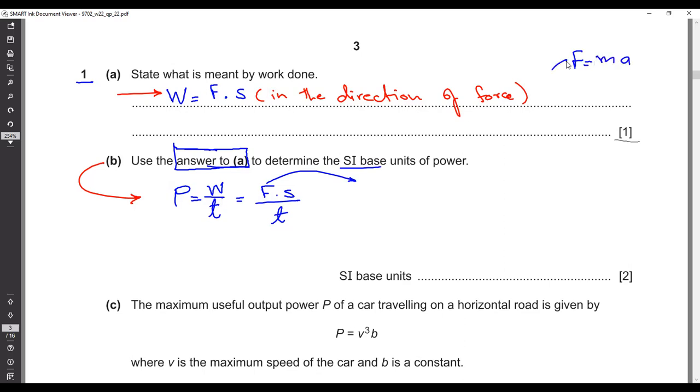So Newton is the unit of the force, no doubt, but its base unit is kilogram meter per second square. Got it? So you write kilogram meter per second square for the force. Then you write meter for the displacement. Then you write second for the time. Got it? So what will be your final answer?